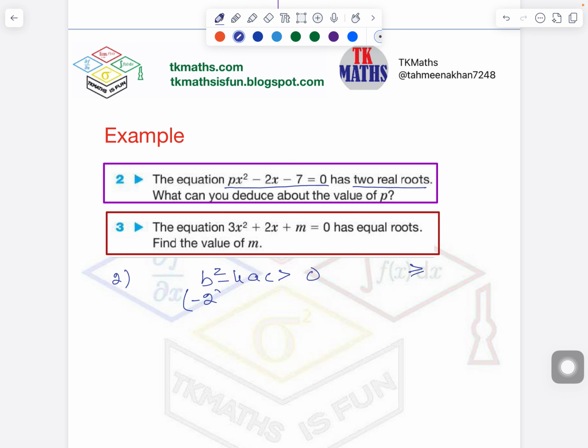Now let me plug in the values. I hope a simple inequality is not a problem for anybody.